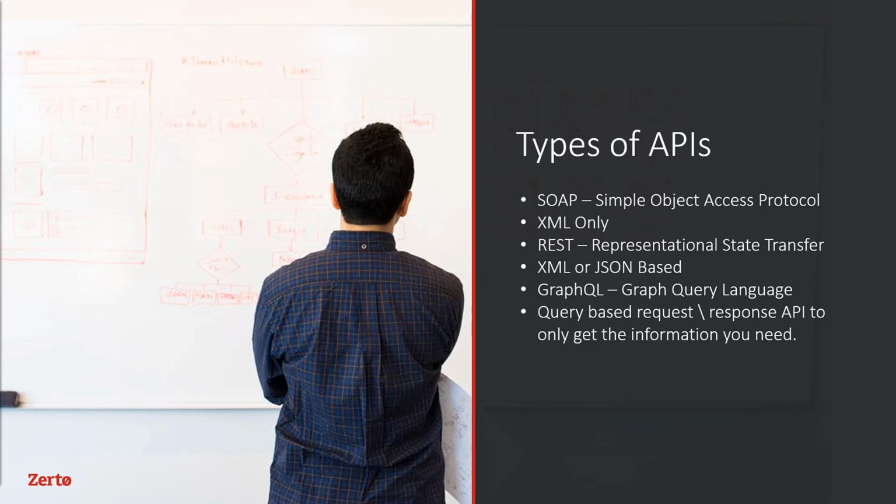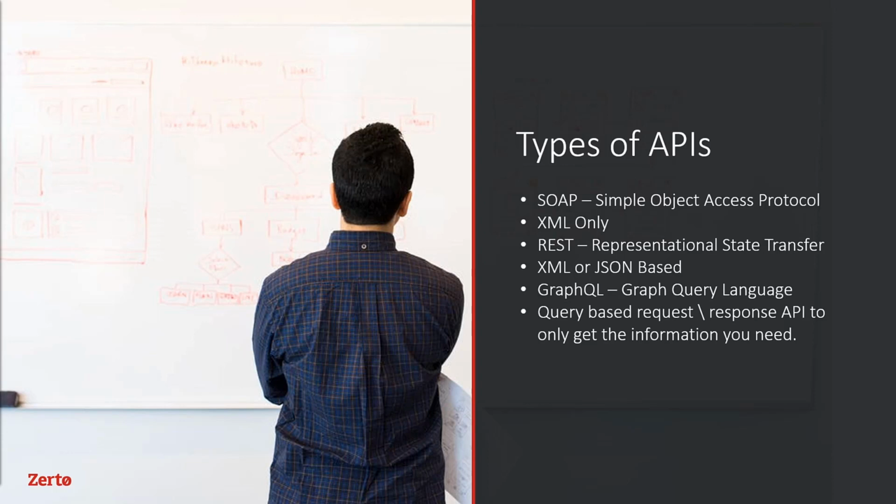What I find is the majority of the APIs that I work with are REST. And it gives us our choice in language that we want to use, either XML or JSON. And again, we'll define JSON here in a second, but this is what you're going to hear a lot. It's a REST-based API using JSON, or it's a REST API using XML.